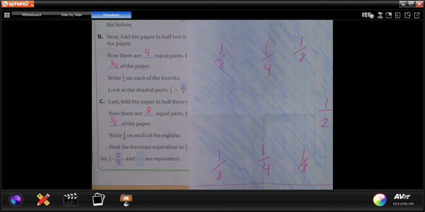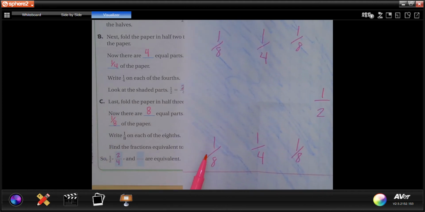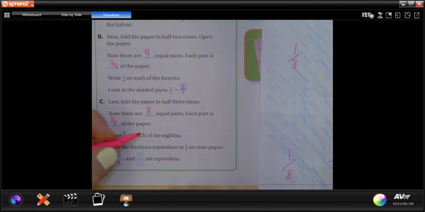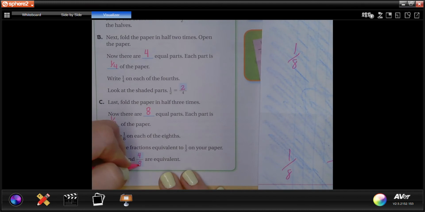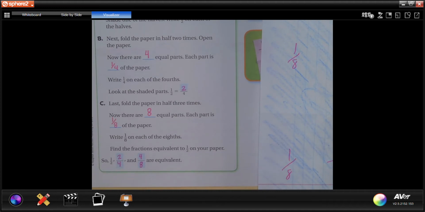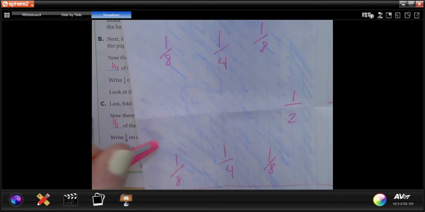And how many eighths on our shaded portion? 1, 2, 3, 4 eighths. So we now know that 1/2 is equivalent to 2/4 and is also equivalent to 4/8. They are all equal to each other. They all make up the same amount.